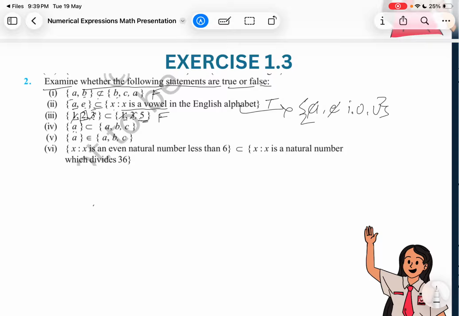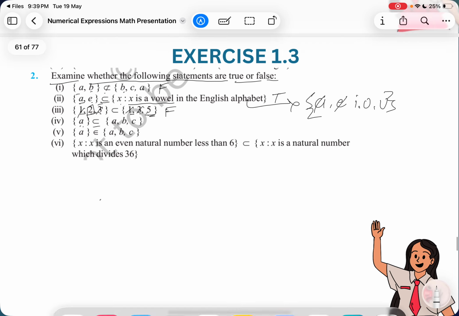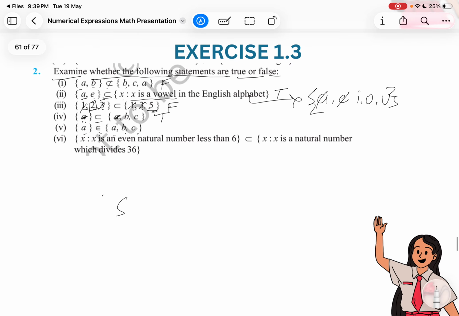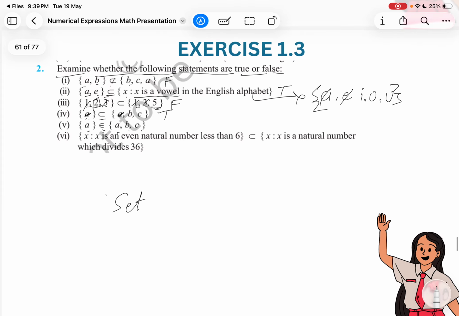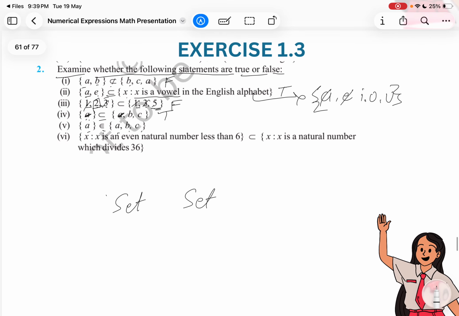Now A is a subset of this, so we can see the single element A is also there, so this is true. Now A belongs to ABC. We know that if we are talking about a set, and we are comparing with a set whether this is a subset or not, we cannot use belongs to. Okay, this is not allowed.